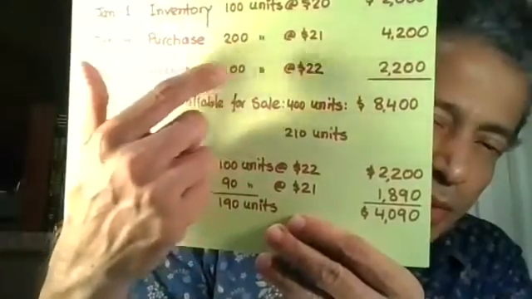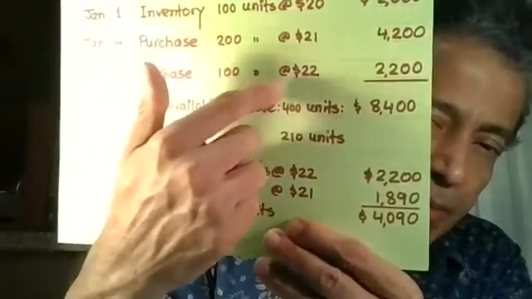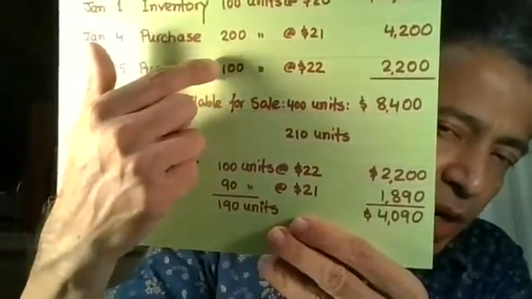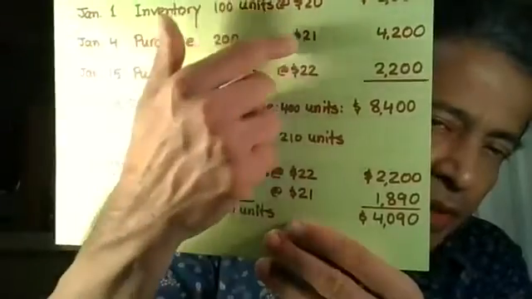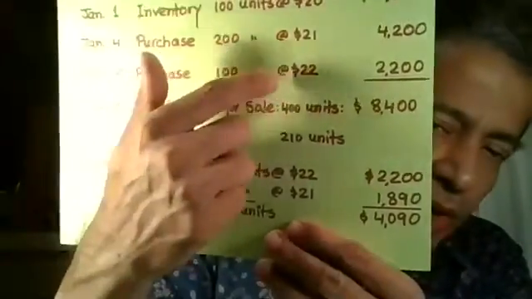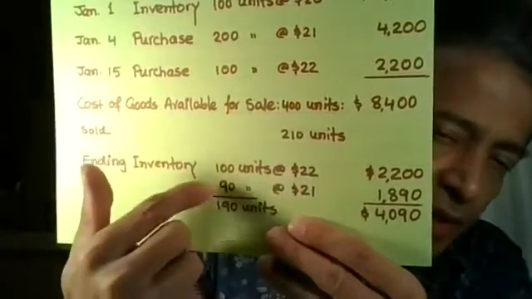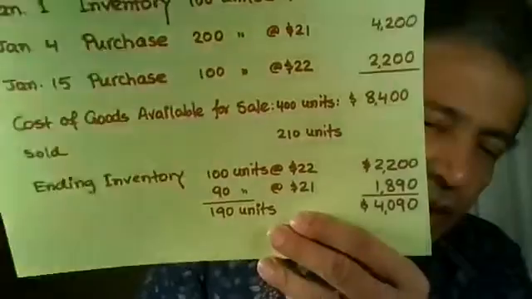If you told me we have only 5 units, I'd assume all 5 are from this latest tranche. If I had 50, then still here. If I had more than 100, say 105, then all these 100 would be in my closing stock and 5 units at 21. So that's what we had, 190 units: 100 at 22, and then the other 90 at 21. So that's my closing stock.